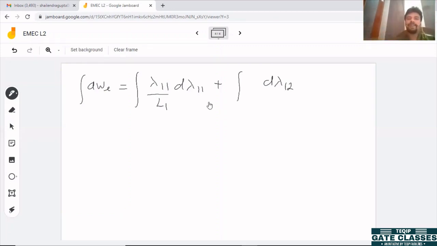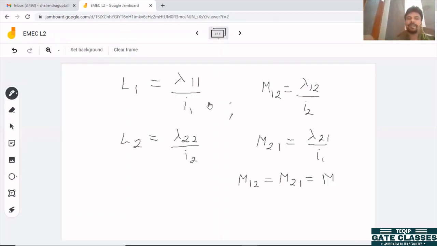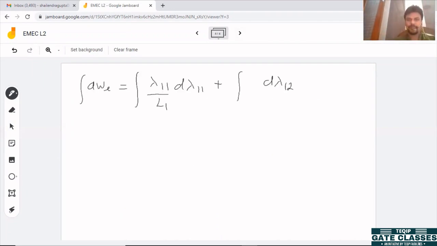Now I1 could be replaced by the mutual inductance part, so it will be lambda 21 upon M, and plus, the same thing, lambda 22 divided by L2 d lambda 22 plus d lambda 21.